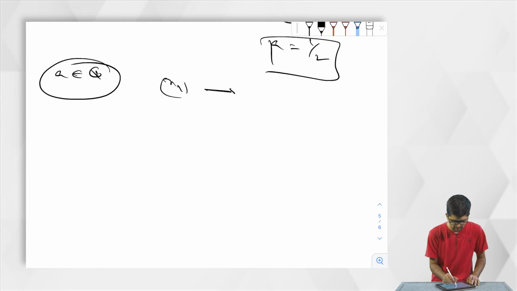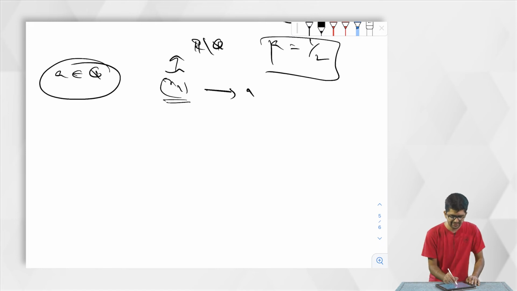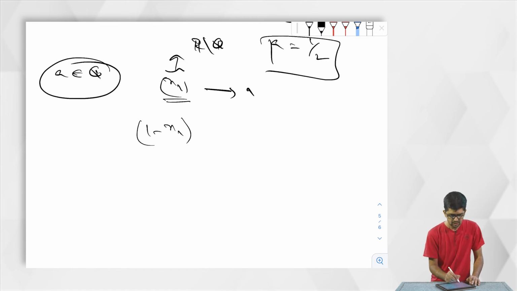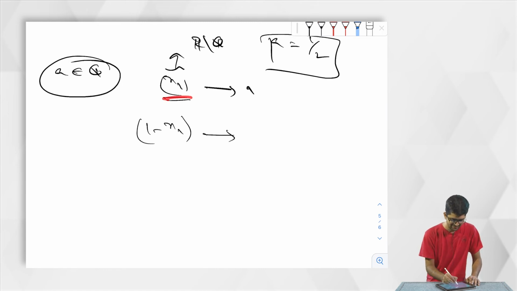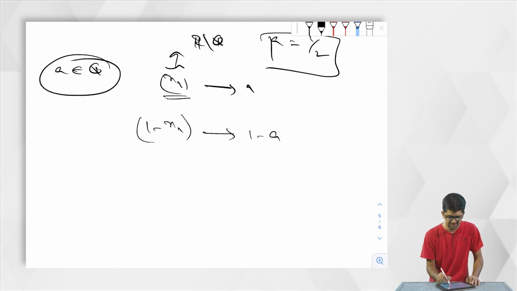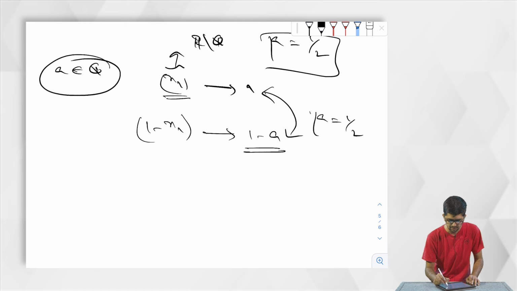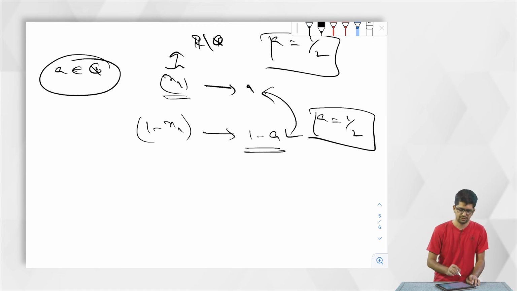So x_n converges to a, but these x_n's are elements of R minus Q. In that case, what is f(x_n)? That is 1 minus x_n. So now this is the sequence. This should converge to what? x_n goes to a, 1 minus x_n should go to 1 minus a. But for 1 minus a to be equal to a, we want a to be half, otherwise there is no choice.